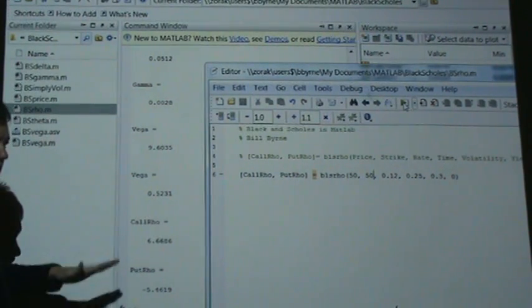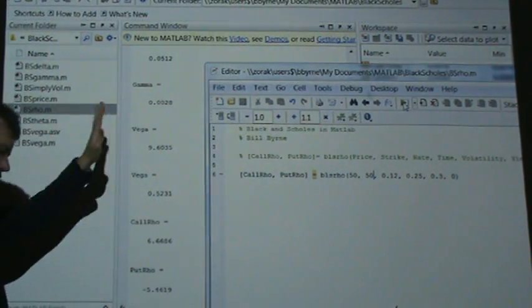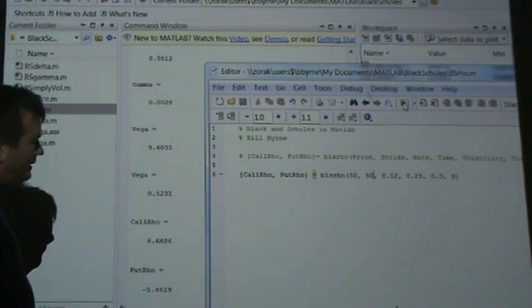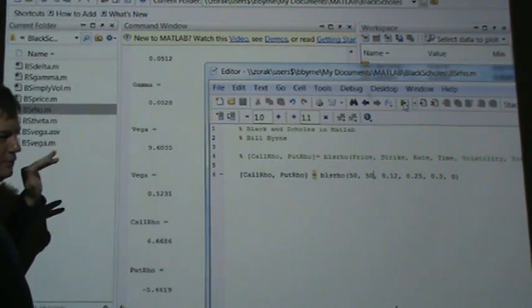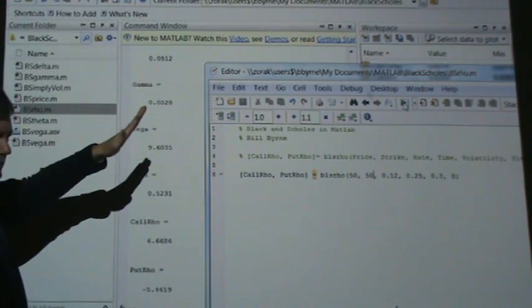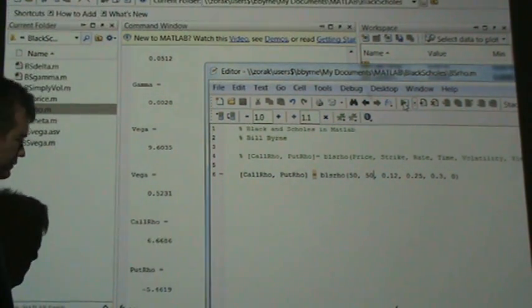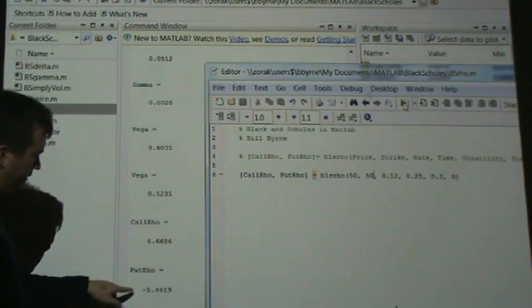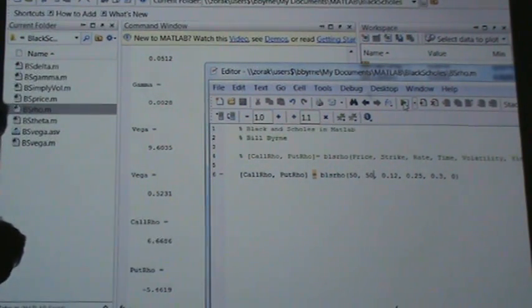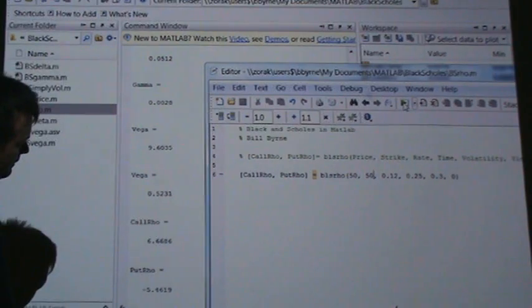So interest rate increase would cause call options to go up in value. And then put options would be hurt because if the interest rate goes up, the stock price is expected to go up, which is bad news for the person who owns a put option. So the put rho would be a negative number. And these are pretty big magnitudes.